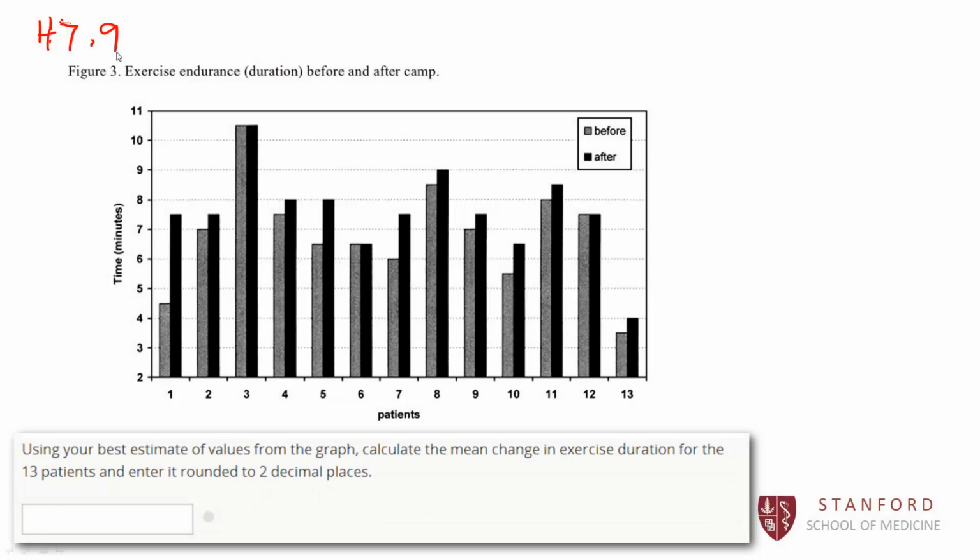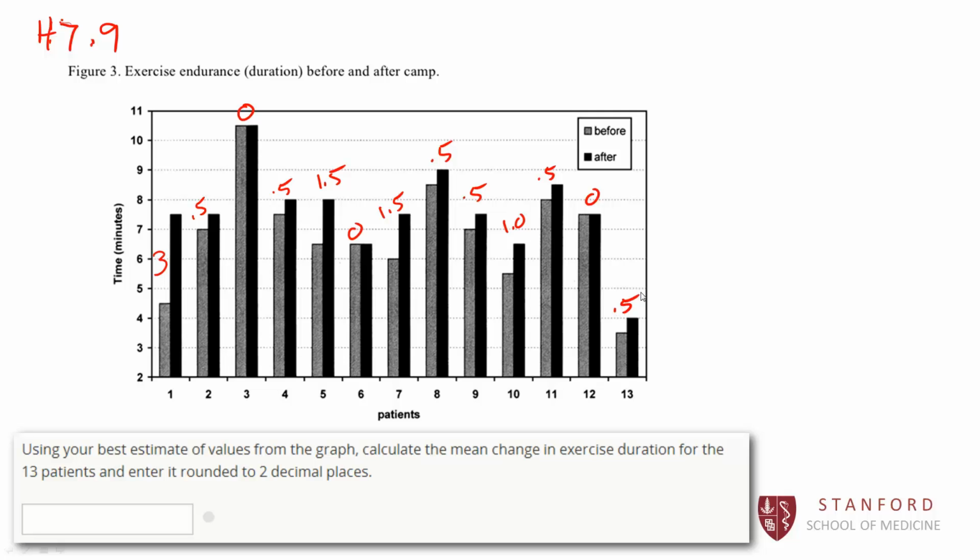This asks you to calculate the mean change in exercise duration, and you can do it just off the graph. It's nice that they were measured only in units of 0.5, nothing finer than that. So for example, this first person went up 3 seconds, the next person went up 0.5, this one was 0, 0.5, 1.5, 0, 1.5, 0.5, 0.5, 1.0, 0.5, 0, and 0.5.